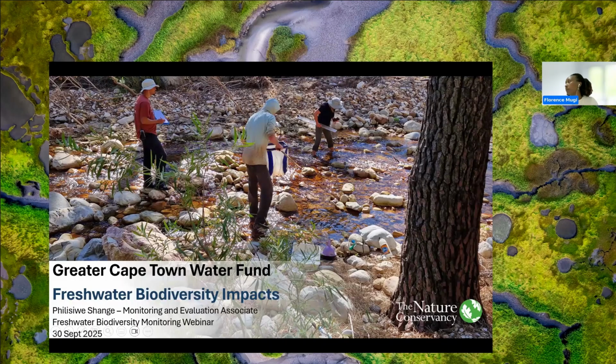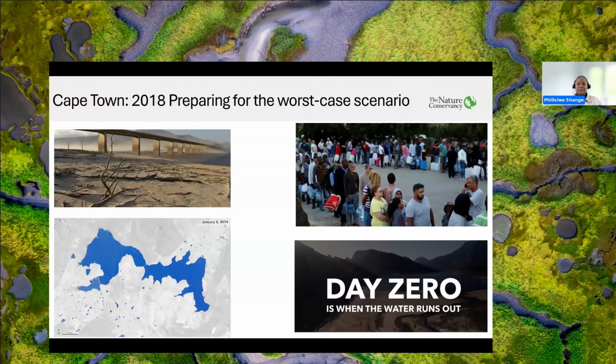Okay. So greetings, everyone. Today I'll be taking you through the Greater Cape Town Water Fund freshwater biodiversity impacts. The Greater Cape Town Water Fund is in South Africa, in the Cape Town region. South Africa is a drought-prone country, and during 2015 to 2018, the city was faced with severe drought, where major dams that supply the city with water had capacity recorded below 30%.